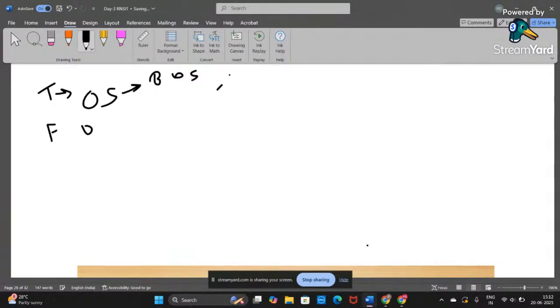Then time sharing OS, distributed OS, real-time OS, network OS, then mobile OS. These are the types of operating system we have seen.